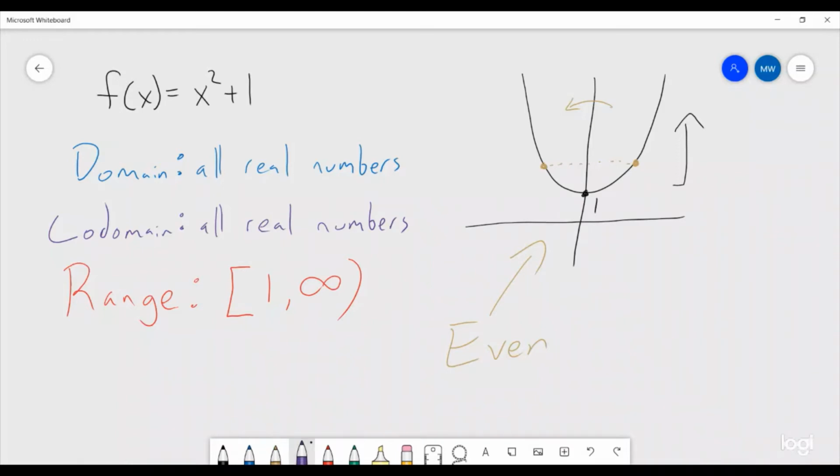The reason for that is because f of negative x is just negative x all squared plus 1. Well, negative x squared is just x squared, and so that gives us the same output as if we were to put in positive x. So this is actually an even function.